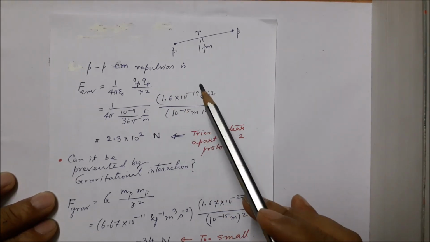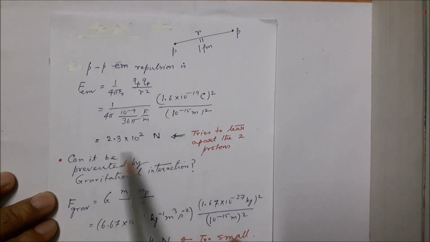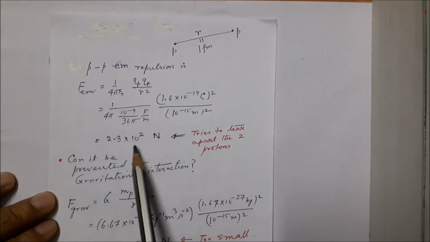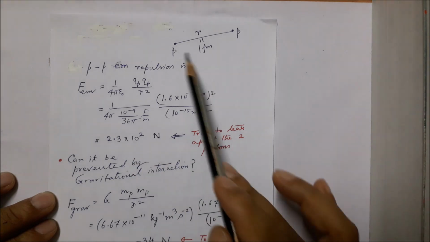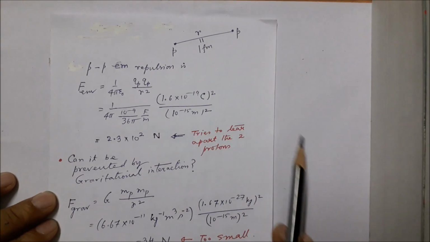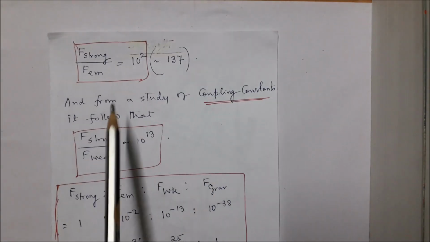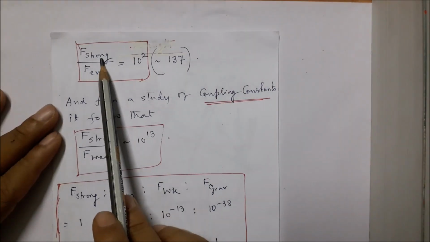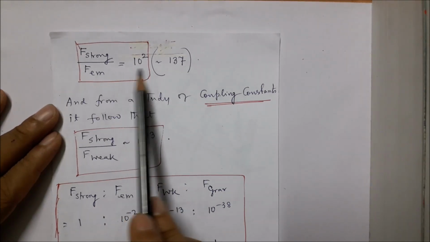So strong interaction that overshadows this repulsive force must be 100 times stronger than electromagnetic repulsion. So the ratio of strong force to the electromagnetic force is 100.